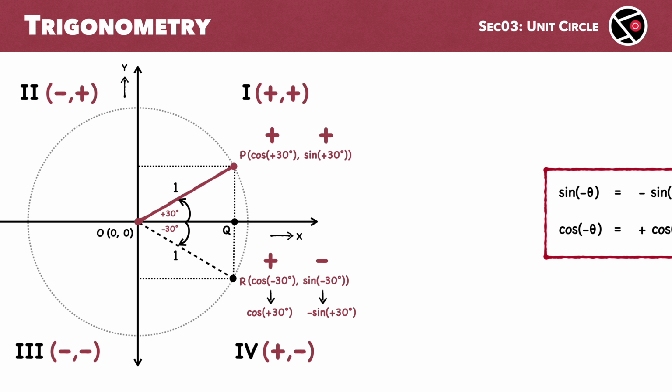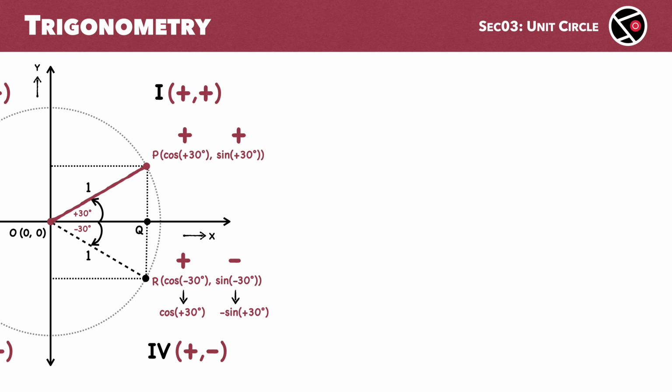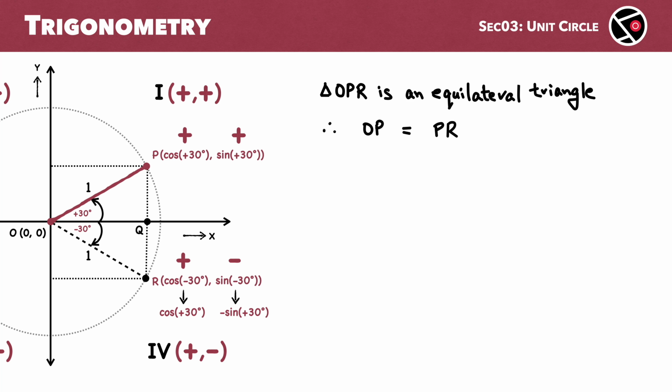Back to our problem now. Look at triangle OPR. It's an equilateral triangle. Why? Because all its internal angles are 60 degrees. So, side OP equals side PR. But we are talking about the lengths of the sides here.